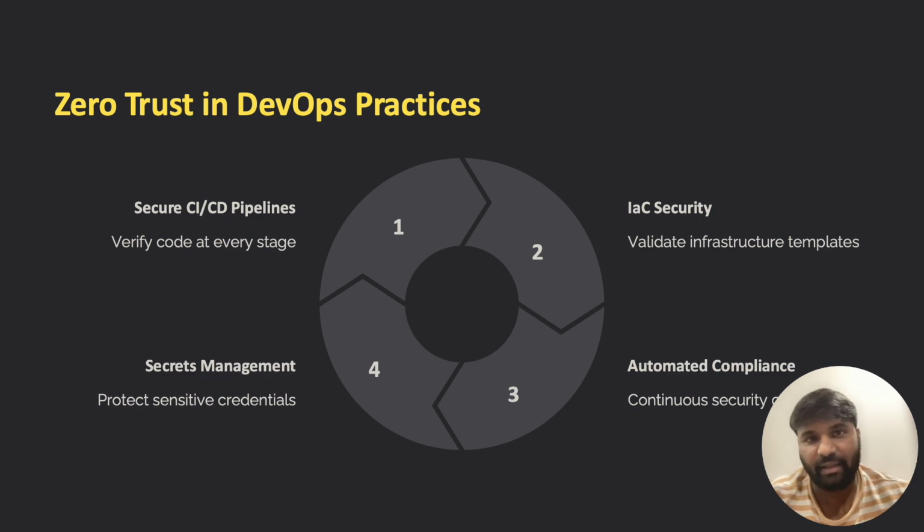And of course MFA, multi-factor authentication, ensuring every access request is validated. Another important aspect is just in time access, which provides time bound, temporary least privilege access instead of static credentials, which is also really essential for zero trust practices in DevOps.